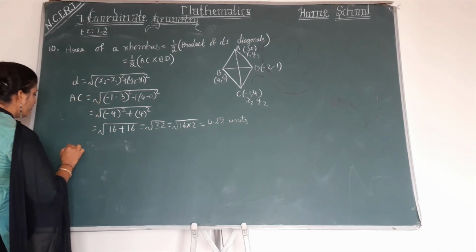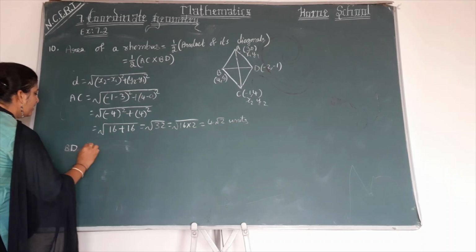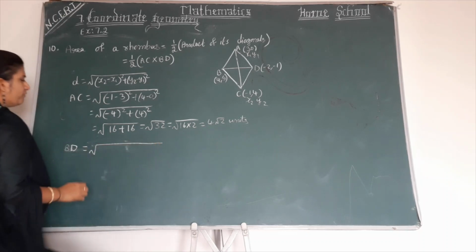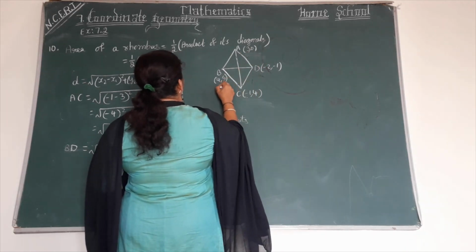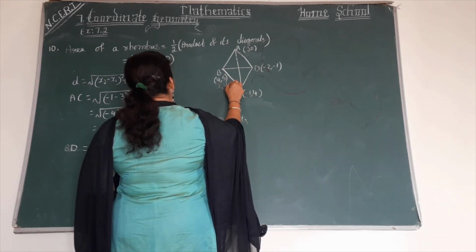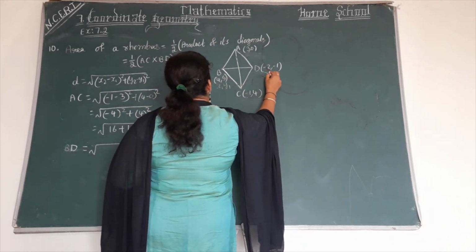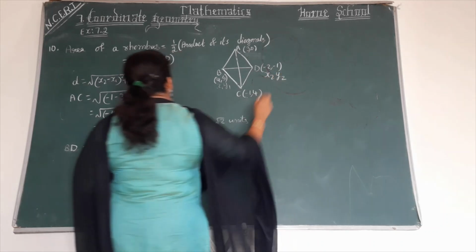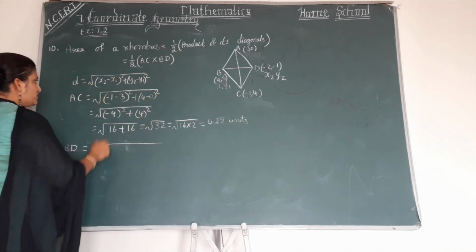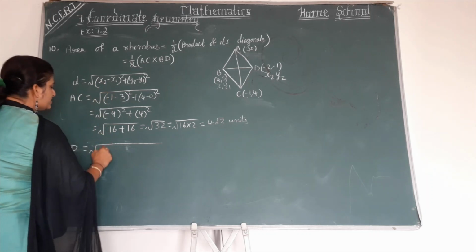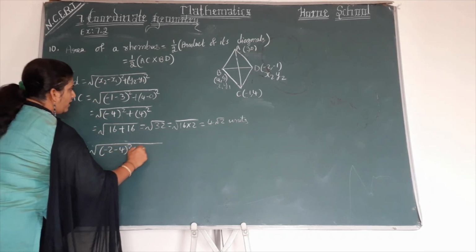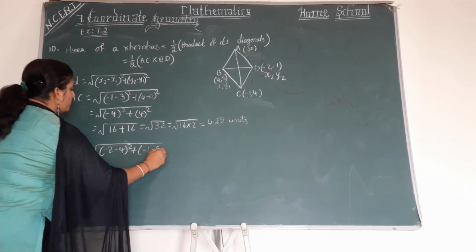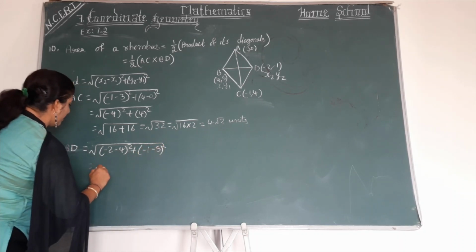Similarly, we are going to find the distance of BD. For that, what am I going to do here? B, x1, y1. What's your D? x2, y2. Again, apply the distance formula. You know, no? What is the distance formula? Minus 2 minus 4 whole square plus minus 1 minus 5 whole square.